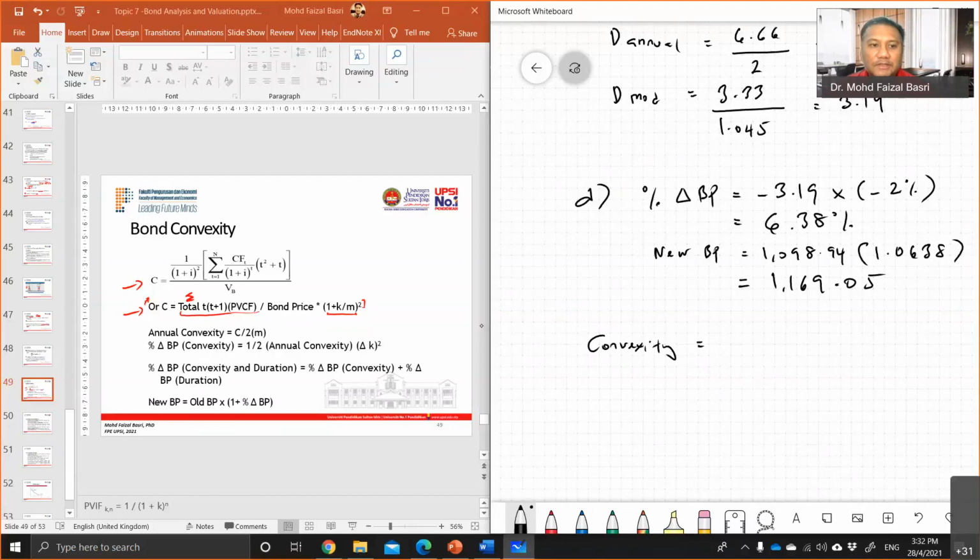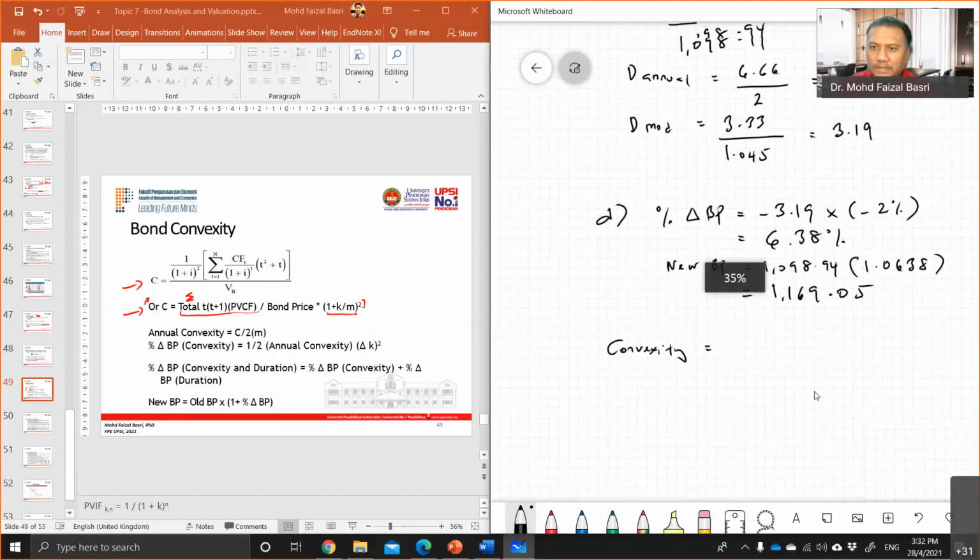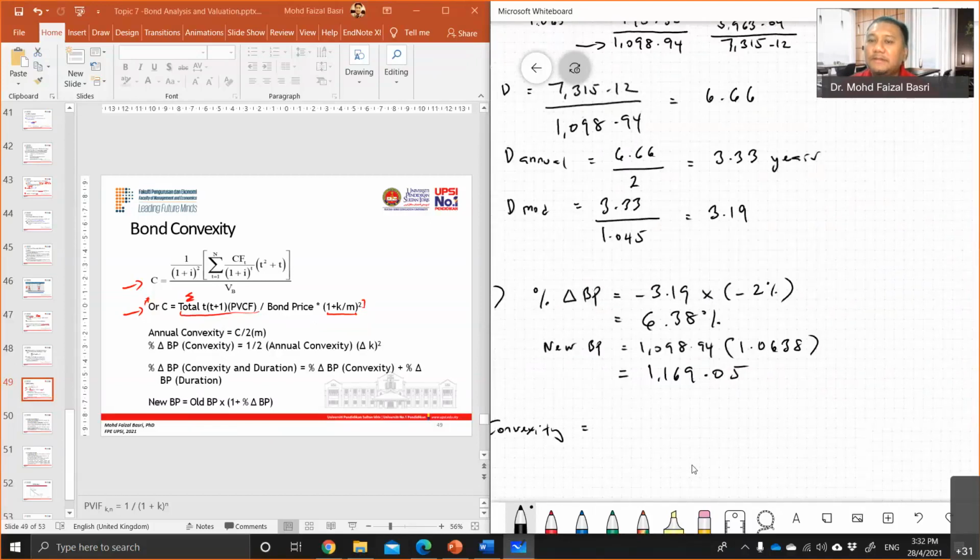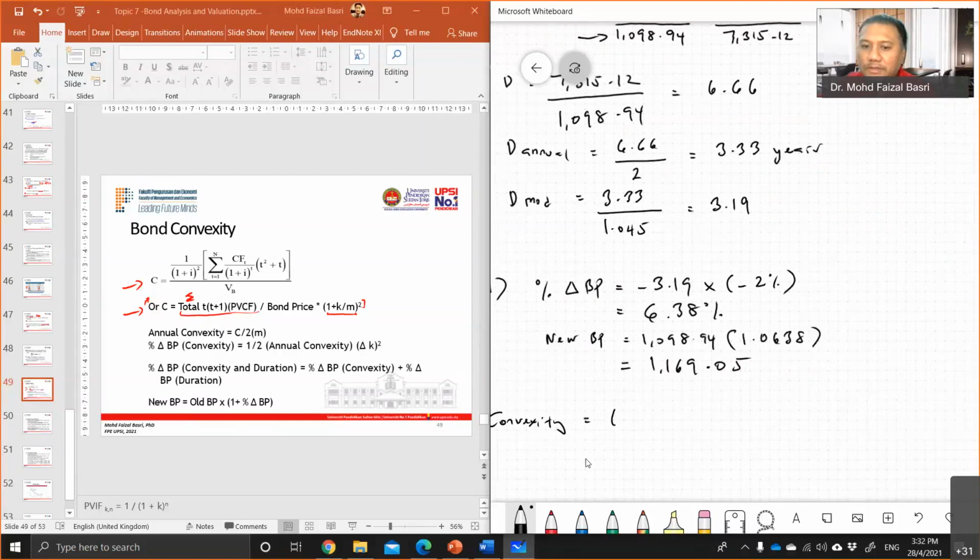It's the total of T times T plus 1 times PVCF, which we've got already, 61,597.51. We have to divide this by the bond price, which was 1098.94, and we multiply with 1 plus K divided by M squared, which is 1.045 squared.